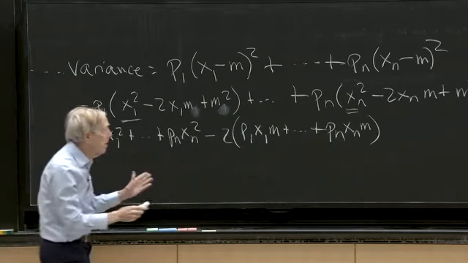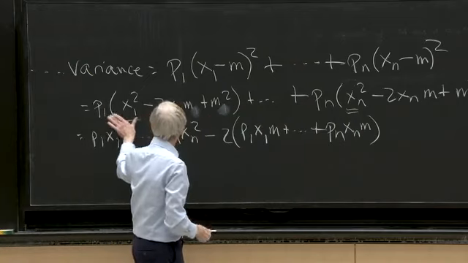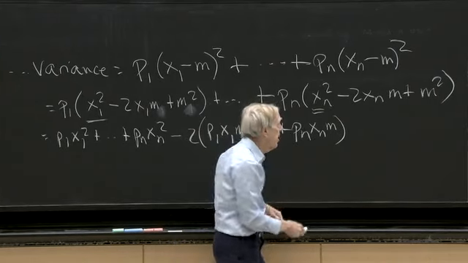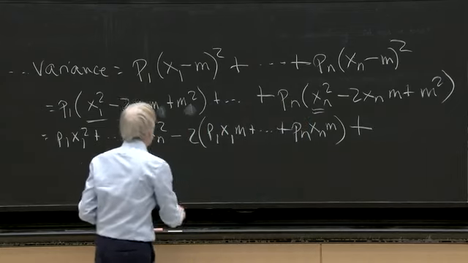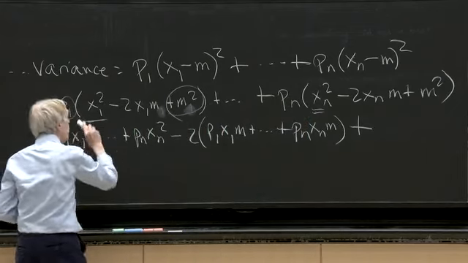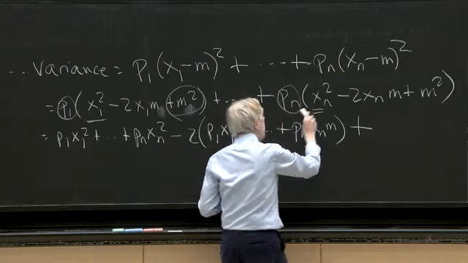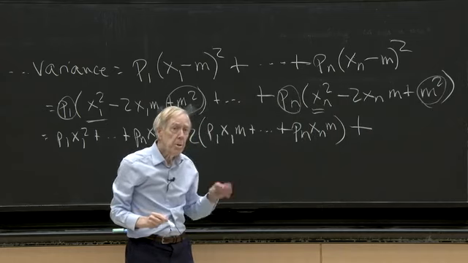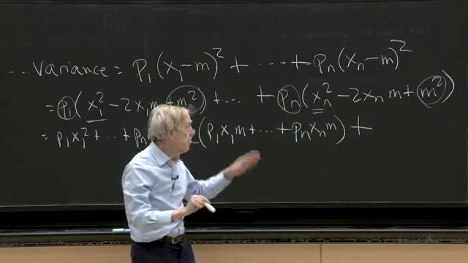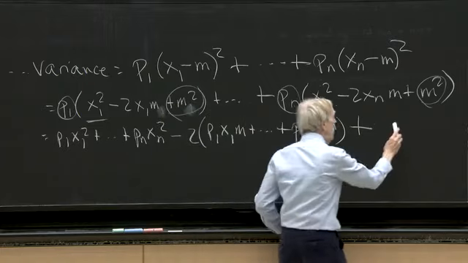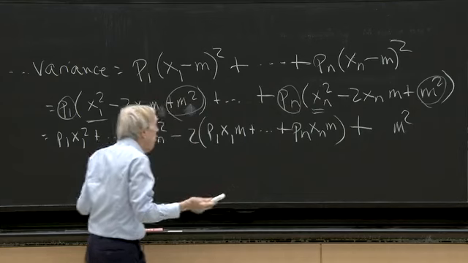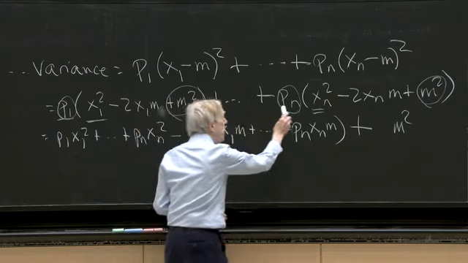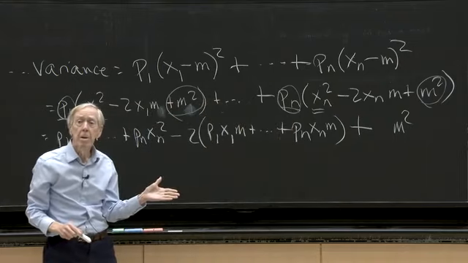I'm just writing it all out, and I'm going to recombine it. So now I have p1 m squared plus p2 m squared plus pn m squared. So m squared is in every term, so I'm going to have an m squared. And what's it multiplied by? P1 here, P2 here, Pn here. I add those up and I get 1.